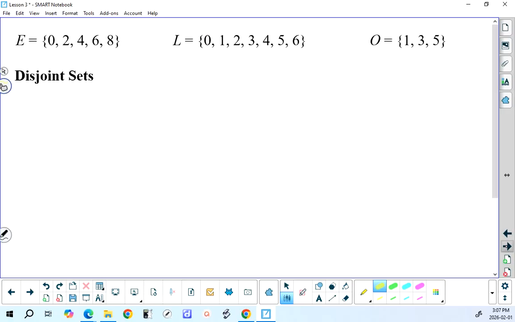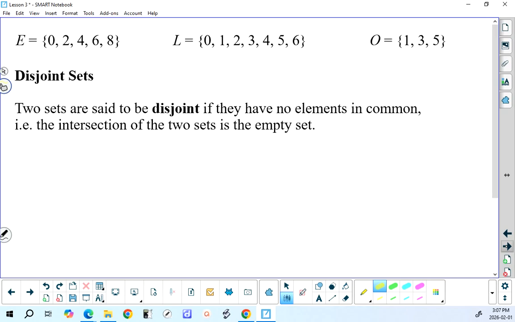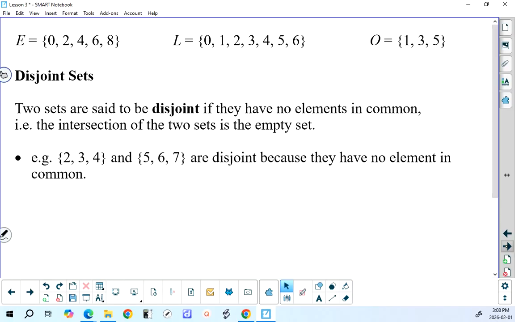I also want to talk with you about what are called disjoint sets. What is a disjoint set? A disjoint set, or a pair of disjoint sets rather, are two sets that have nothing in common. In other words, the intersection is the empty set. Like, think about this.